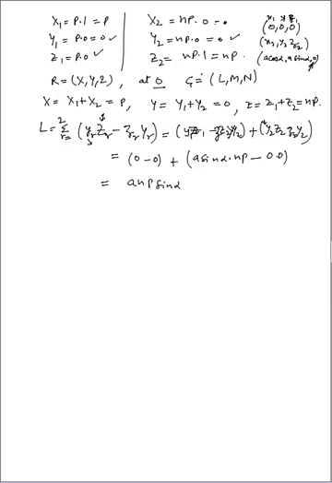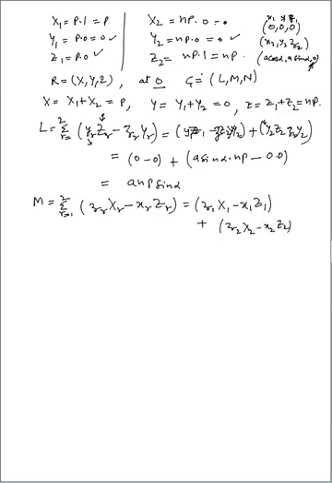Now we find out M. Sigma r is equal to 1 to 2 of (zr Xr minus xr Zr), which is equal to z1 X1 minus x1 Z1 plus z2 X2 minus x2 Z2. Here z1 is the coordinate which is 0, capital X1 is P, that is 0 minus x1 is 0 into Z1.